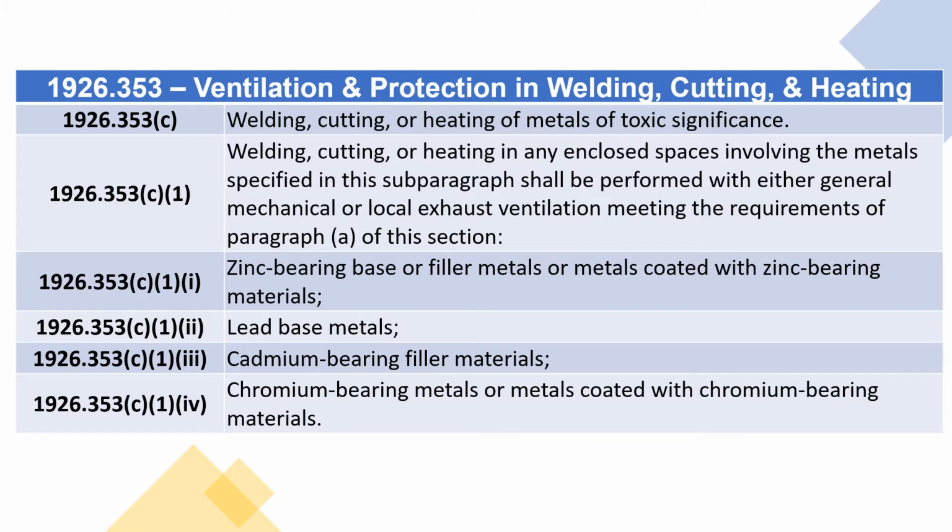C. Welding, cutting, or heating of metals of toxic significance. C.1. Welding, cutting, or heating in any enclosed spaces involving the metals specified in this subparagraph shall be performed with either general mechanical or local exhaust ventilation meeting the requirements of paragraph A of this section. C.1.1.